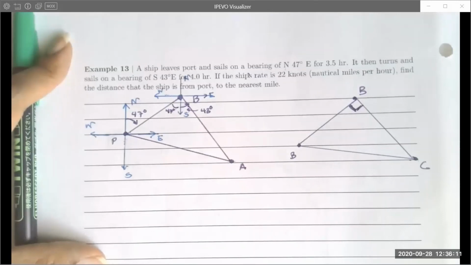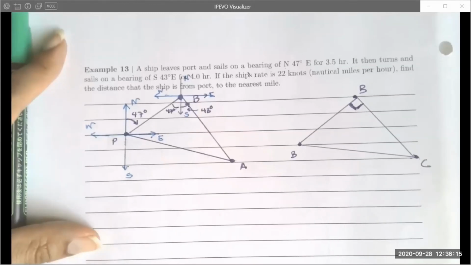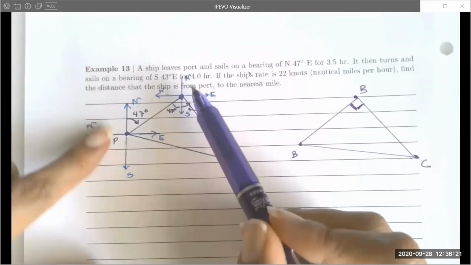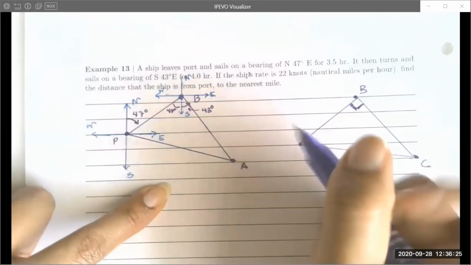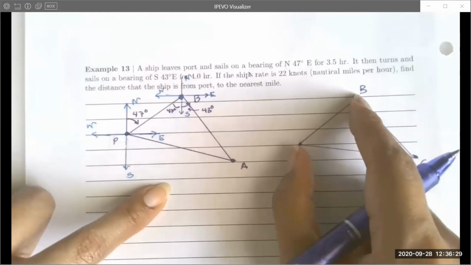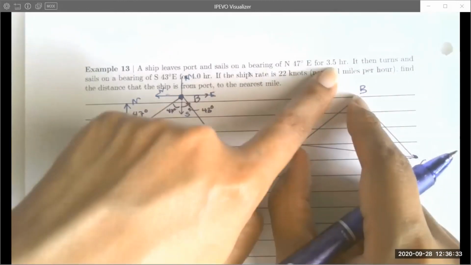Well, they do tell us how fast the ship is traveling and how long it's traveling at that speed for. When it's sailing away from the port initially, and I've mislabeled this, it should be P, it travels in this direction at a rate of 22 miles per hour for 3.5 hours.